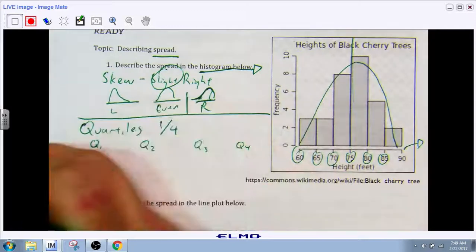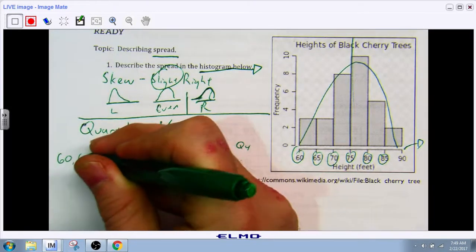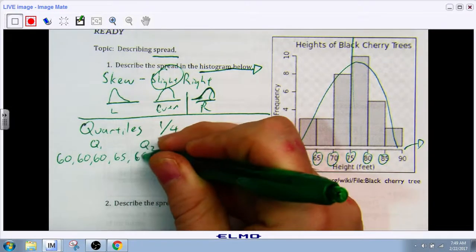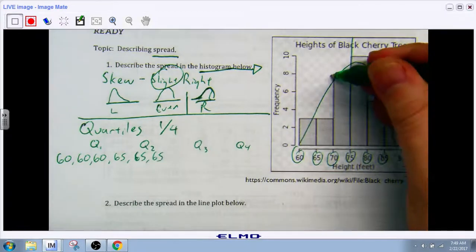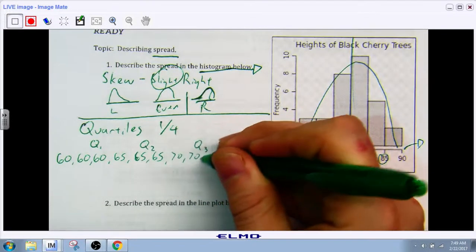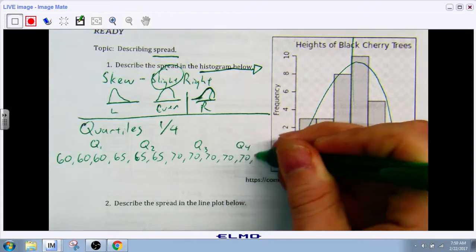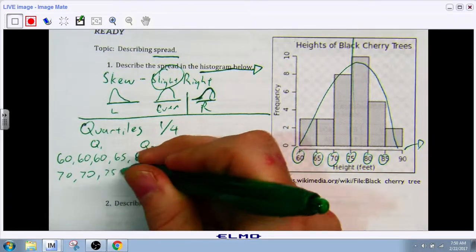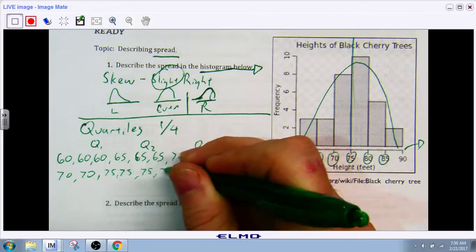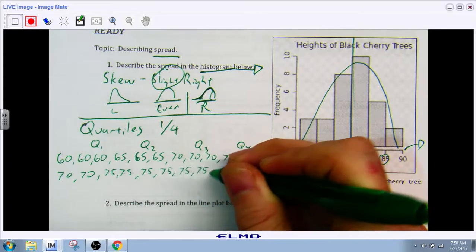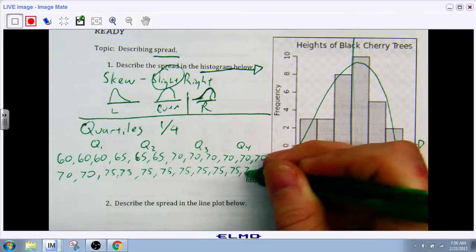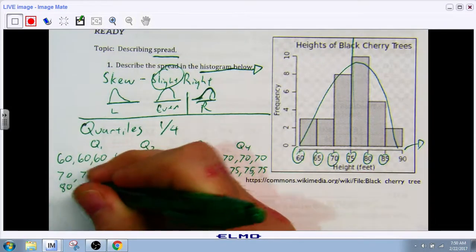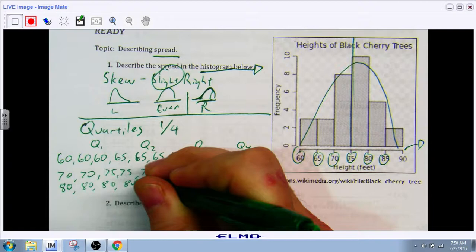I see that I have 3 60s, so that's 60, 60, 60. 3 65s, 65, 65, 65. 8 70s, 1, 2, 3, 4, 5, 6, 7, 8. 10 75s, 1, 2, 3, 4, 5, 6, 7, 8, 9, and 10. 5 80s, 1, 2, 3, 4, 5.